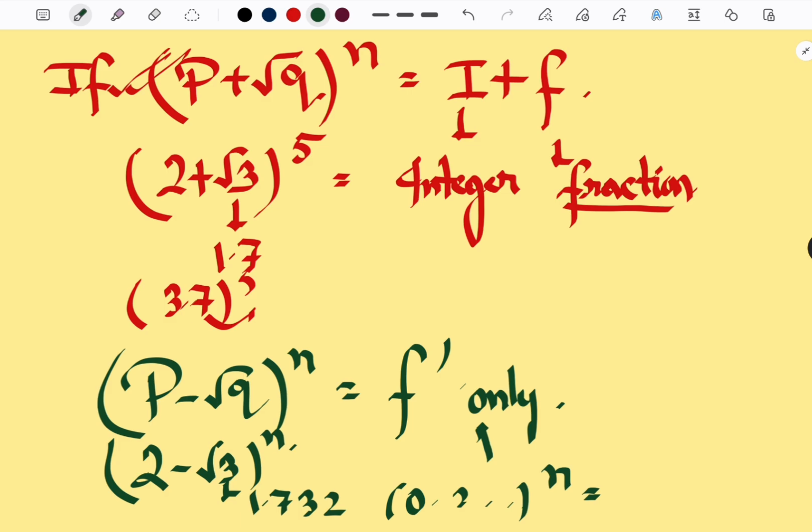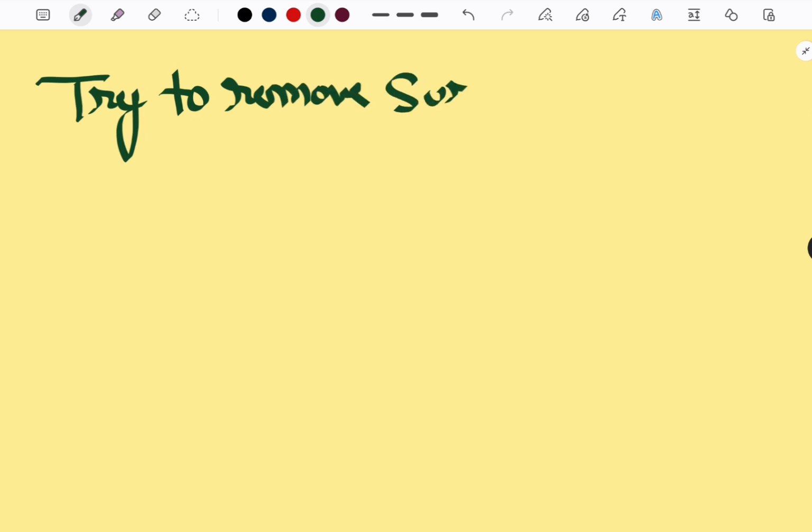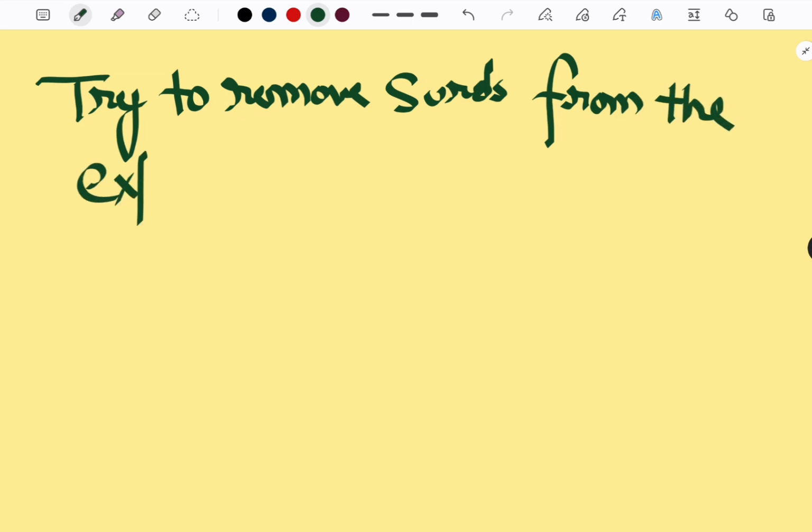Now what is the general notion in these questions? Try to remove surds from the expansion. We are required to remove the surds from the expansion. Now how are we going to do this?